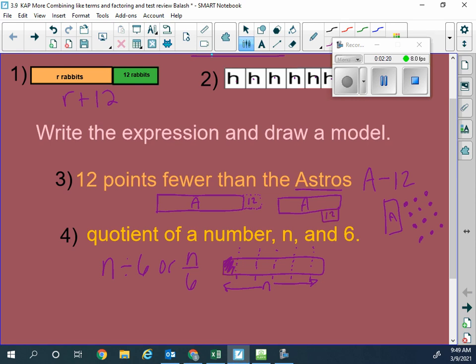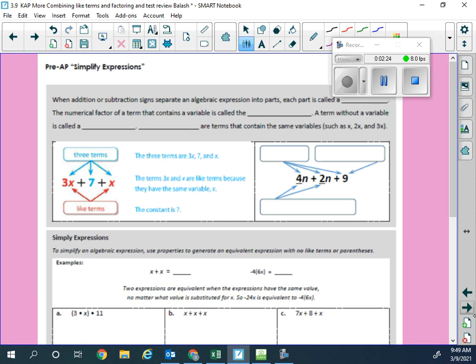Is everybody good? Okay. Today, we're going to just talk a little bit more about combining like terms like we did yesterday. And then we're going to do the test review towards the end of class. Okay? When addition and subtraction signs separate an algebraic expression into parts, each part is called a term. Remember we talked about that yesterday?